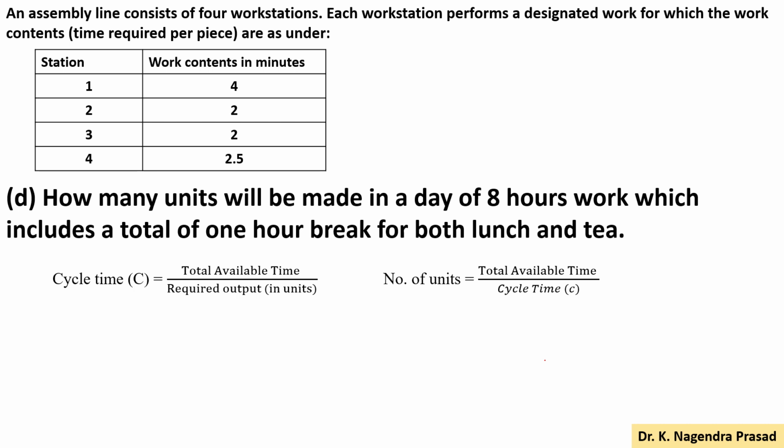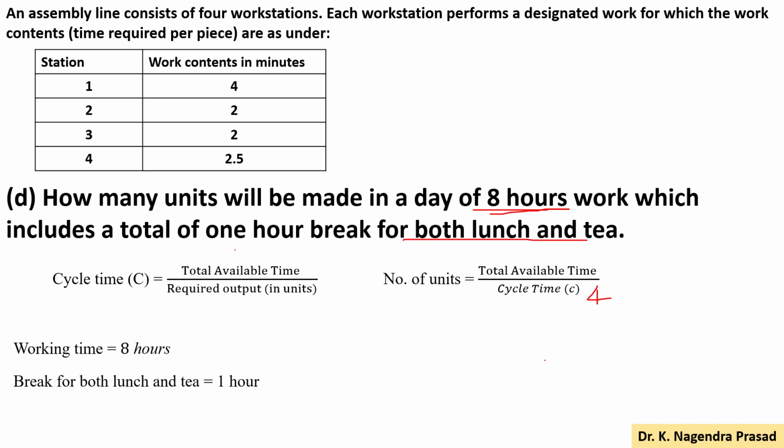We know cycle time is 4 minutes. Then we have to calculate the total availability time. Working time is 8 hours, and the break for lunch and tea is 1 hour. So total availability time equals working time minus break time, which is 8 hours minus 1 hour, that is 7 hours.